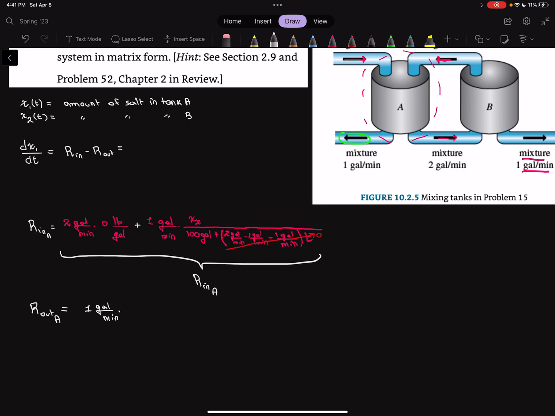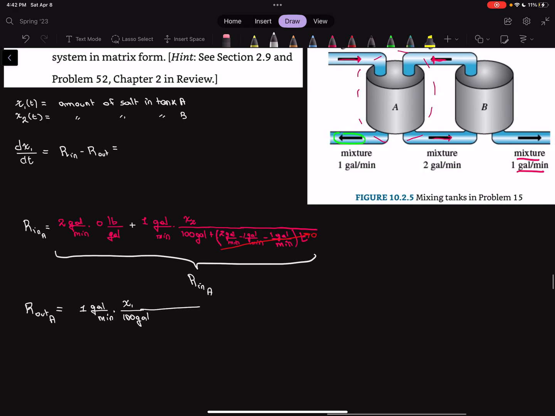And what's going to come out? Well, whatever the amount of salt in tank A is, divided by the amount of gallons that there are at any one moment. They said they both start with 100 gallons, and then we have to do the same thing that we did above.